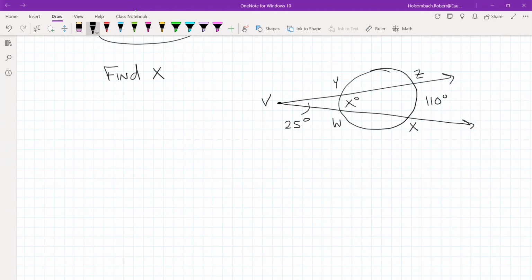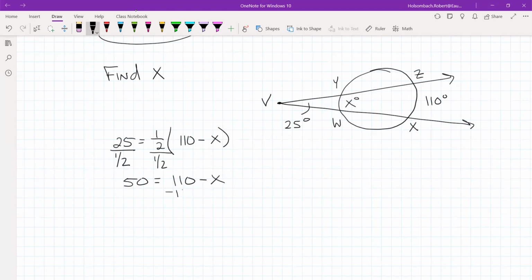So the formula says that the angle formed outside, 25, is equal to 1/2 of the big arc, 110, minus the little arc. And in this case, we're going to use the X. So again, just like that last problem, this 1/2 that's outside the parentheses, we're going to divide both sides by that 1/2. 25 divided by 1/2, 50, right? So 50 equals 110 minus X. Now be careful here, okay?